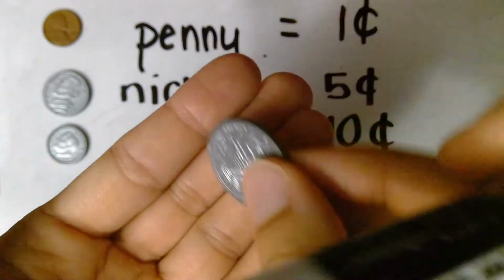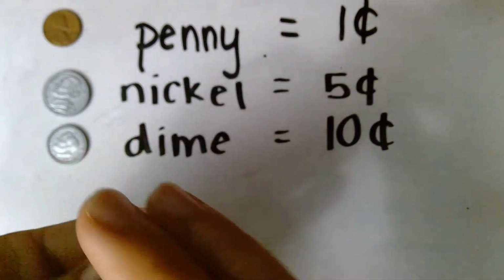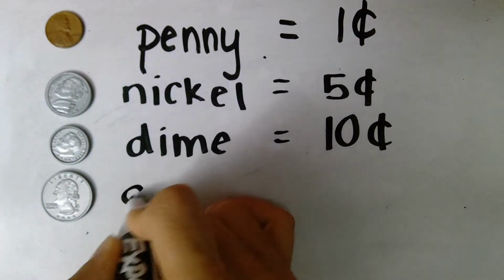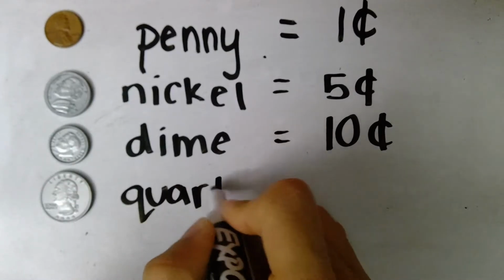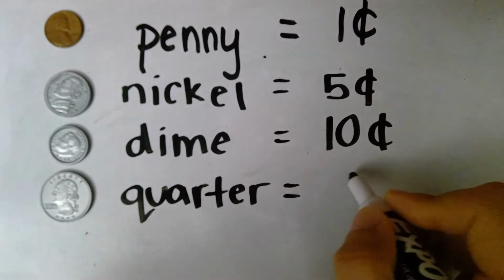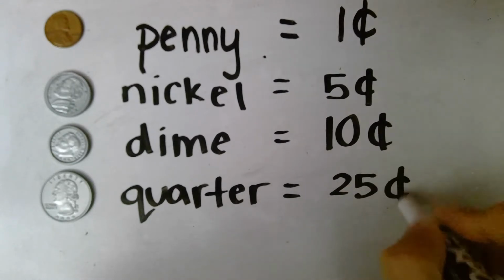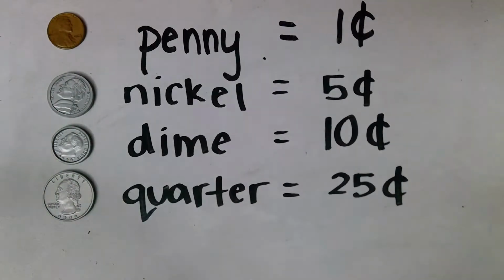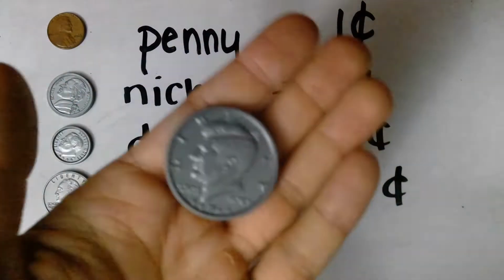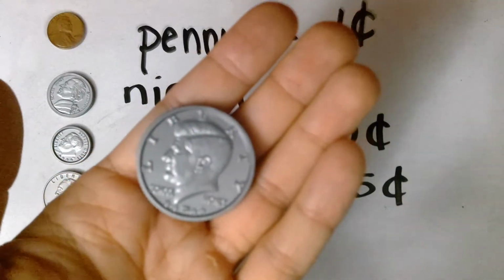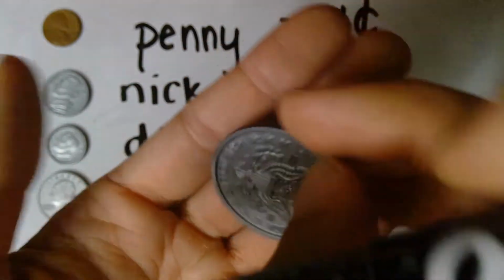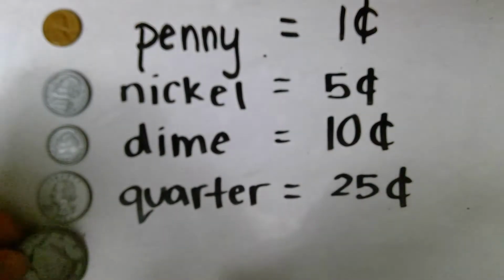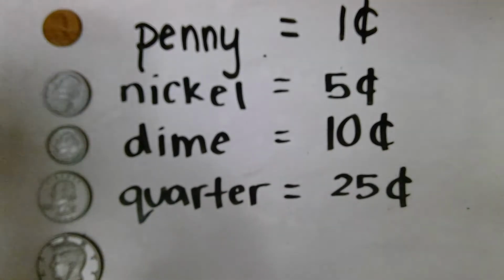This is a quarter, and it is equal to 25 cents. This is a half dollar. I'm not sure if I'm going to be able to fit the last one on it, but we will try.